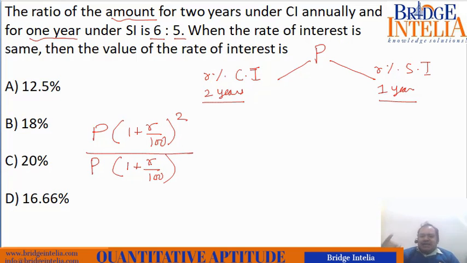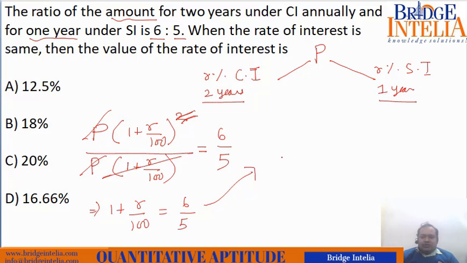Simple interest is the same as compound interest for the first year. So now you can see that 1 plus R by 100 and 1 plus R by 100 get cancelled. So this is equal to 6/5. P and P cancel. This cancels, taking the power with it. So from here you can say that 1 plus R by 100 is equal to 6/5.